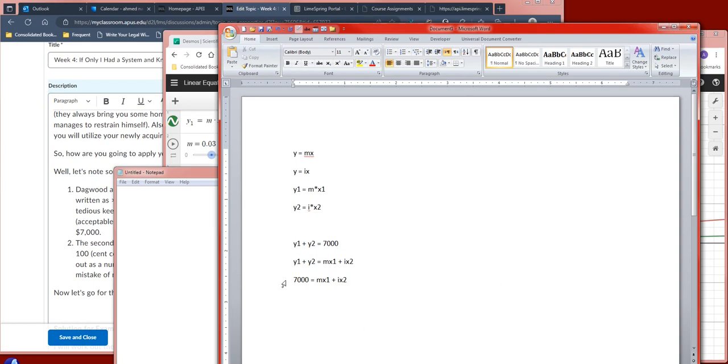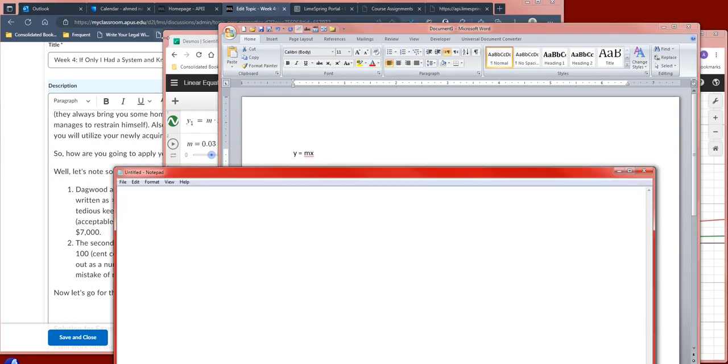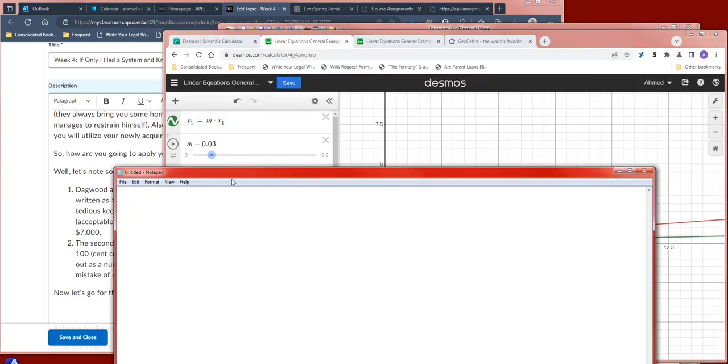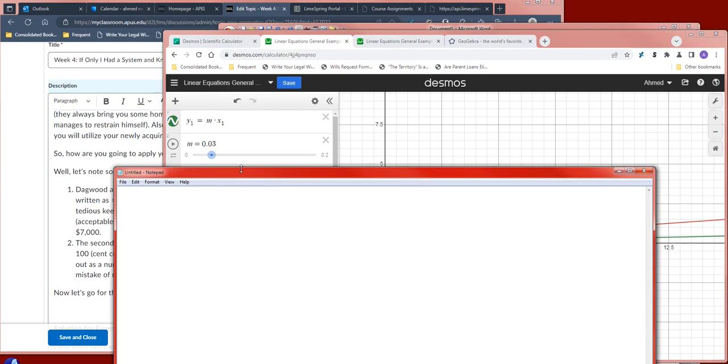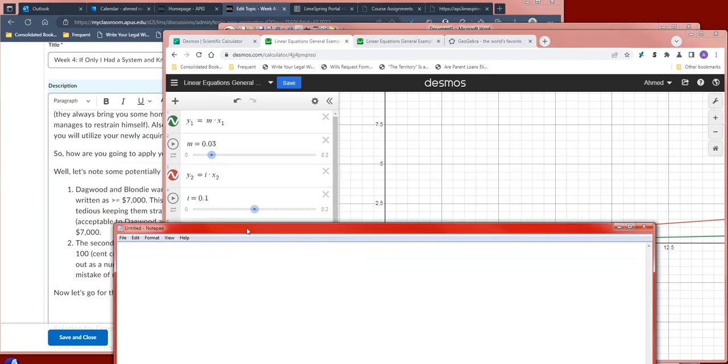So essentially, to simplify things, I could type each of these equations like so into Desmos and get the lines. So we go over here. So far so good. I've got those equations, but the reason I'm blanking out the other part is because I want to talk about it a little bit.